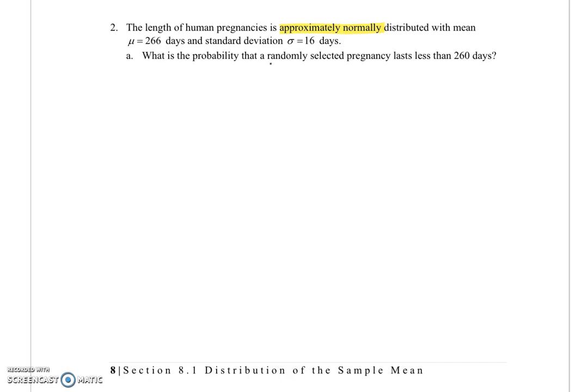Part 1 says, what is the probability that a randomly selected pregnancy lasts less than 260 days? Well, this is saying a randomly selected pregnancy. That means only one. So we do that just like we did in the Chapter 7 material.